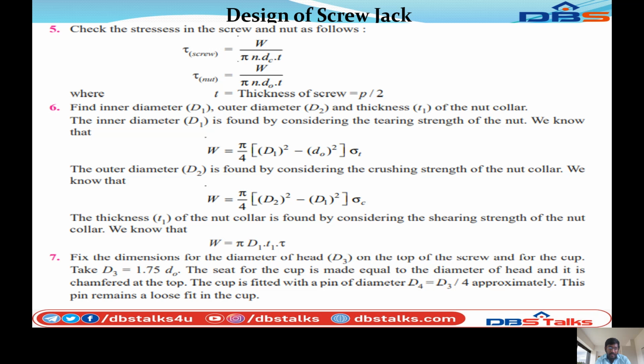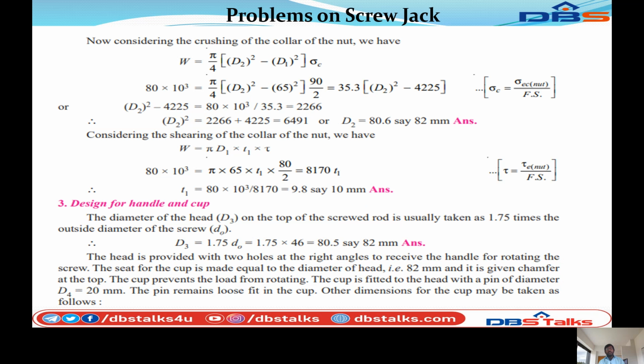This is the seventh step. The design procedure of the screw jack is that you can calculate the problem in the same manner, in the same order. So that's how you can note down D3 is equal to 1.75 into D0.